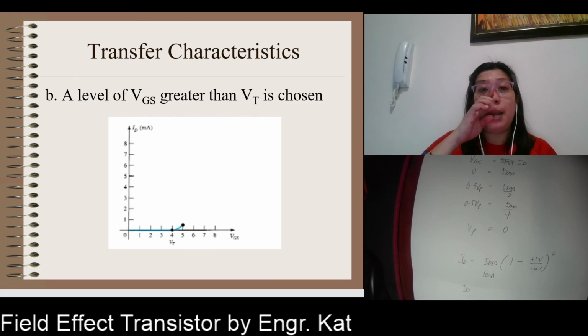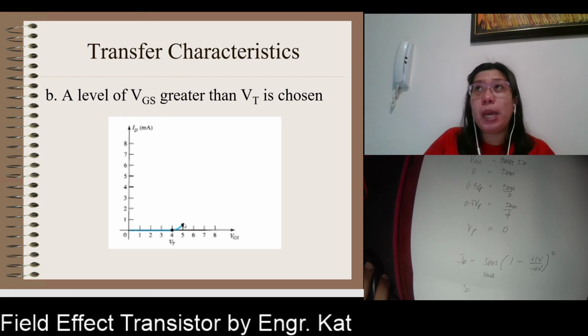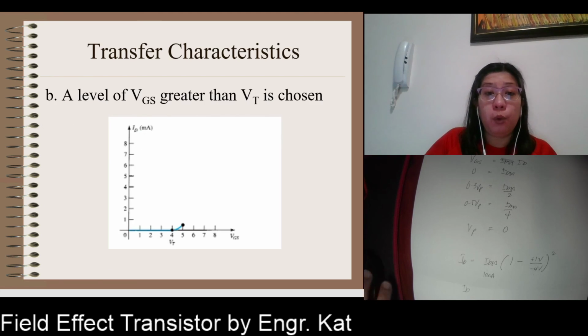Okay? Applying, so a level greater than VT is chosen. So let us say 5. Okay? So if you have 5 there, so that is 5 minus 4, so 1 times 0.5. So that will give you around 0.5 milliamperes.